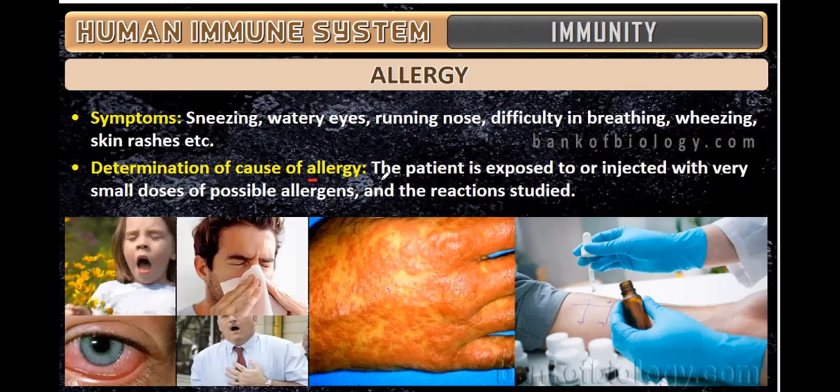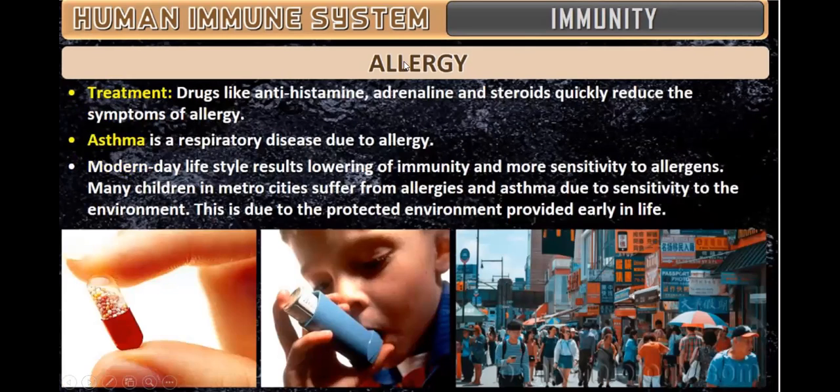Determination of the cause of allergy: the patient is exposed to or injected with a very small dose of possible allergen and the reaction is studied. What is the treatment of allergy? Drugs like antihistamine, adrenaline, and steroids quickly reduce the symptoms of allergy.